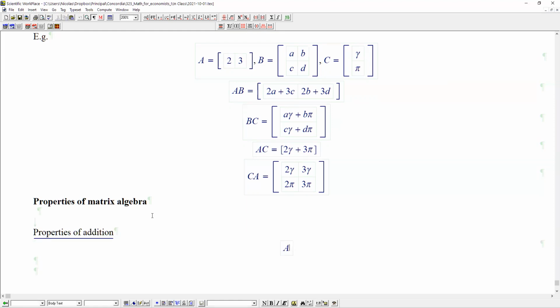So A plus B, is it equal to B plus A? What do you think?